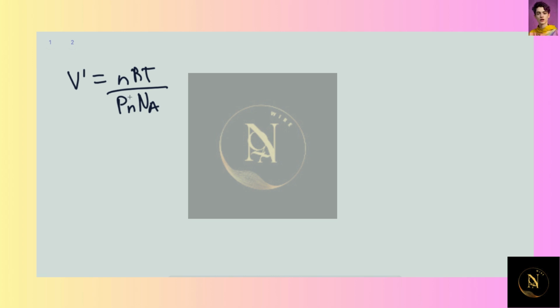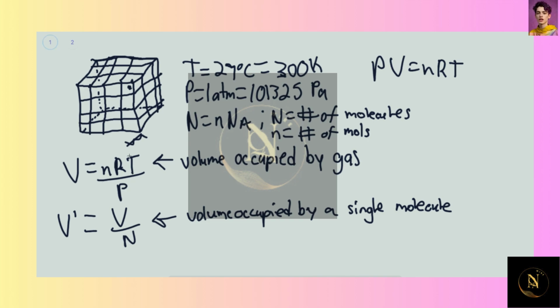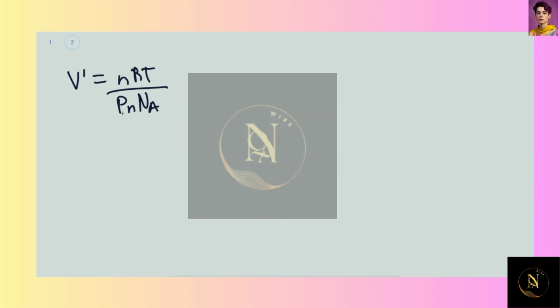Again, this would be P times capital N, and we simply substituted this formula into this formula as well. So it'll be nRT over P times 1 over capital N, or nRT divided by P times lowercase n times Avogadro's number. Let's solve, and our moles cancel out.